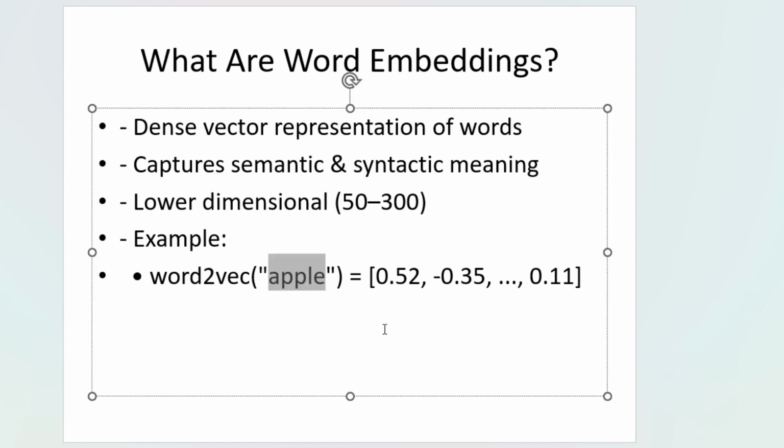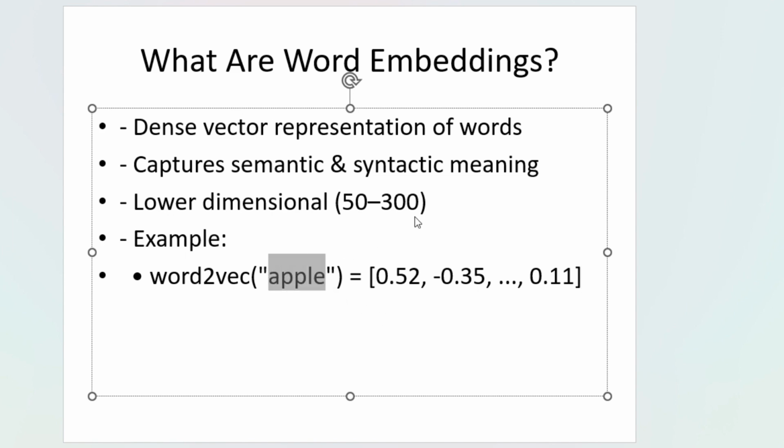For that apple we have a vector 0.52, 0.52, minus 0.35, and so on until 0.11. In a graphical representation, when we go to this vector, there will be some point, and that point represents apple.